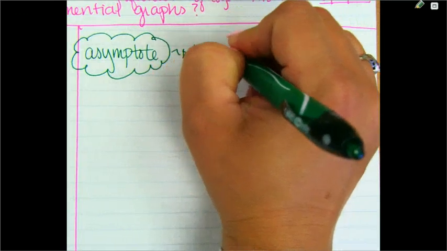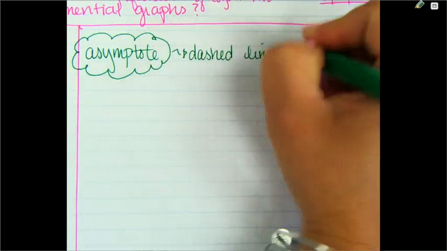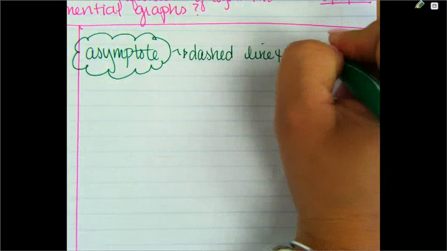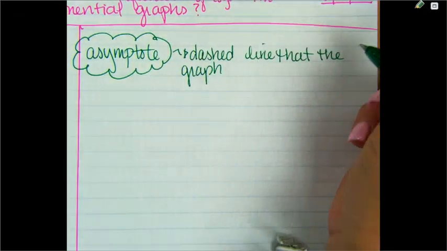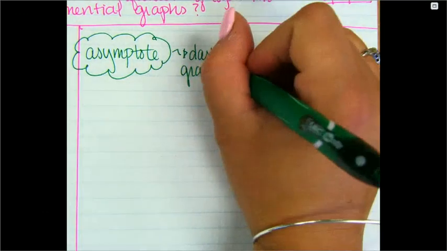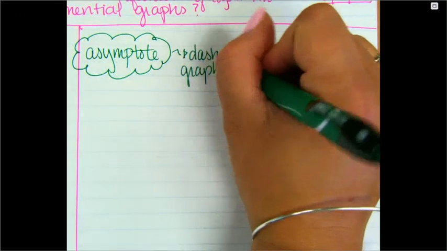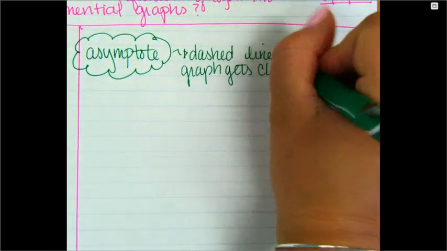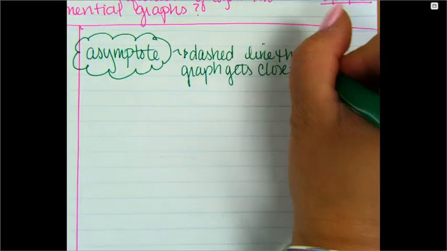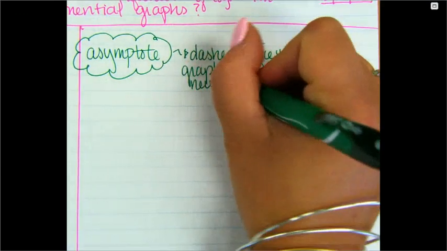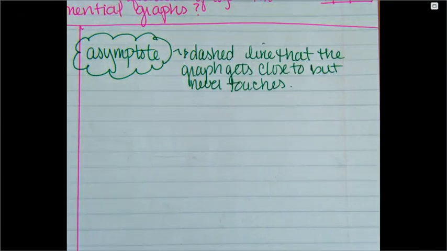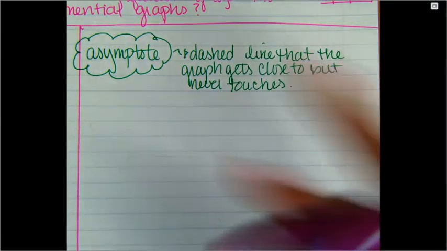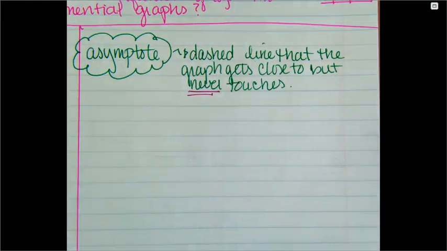We can call it a dashed line that the graph gets close to, but never touches. It gets close to it, but it never touches it.